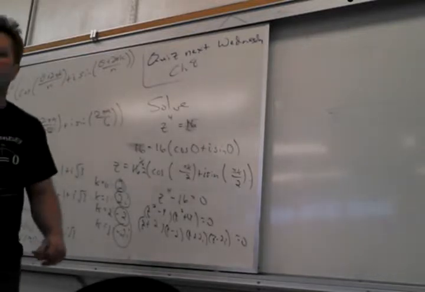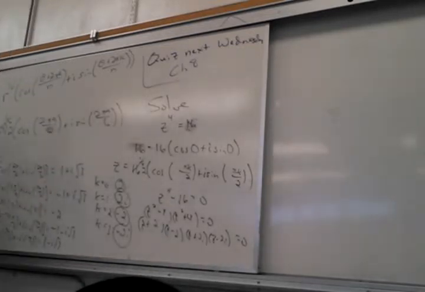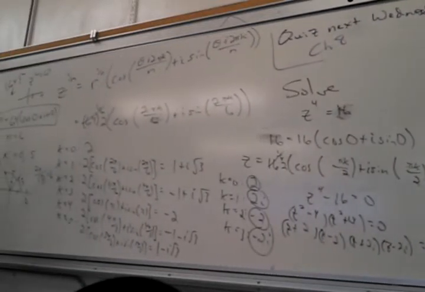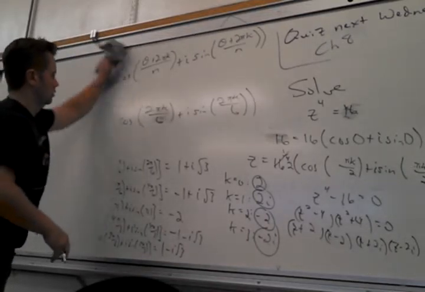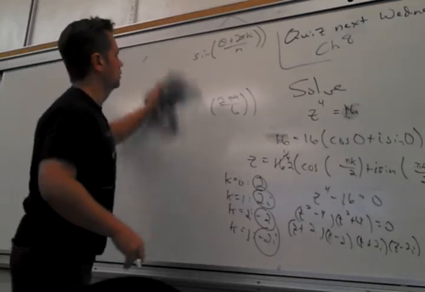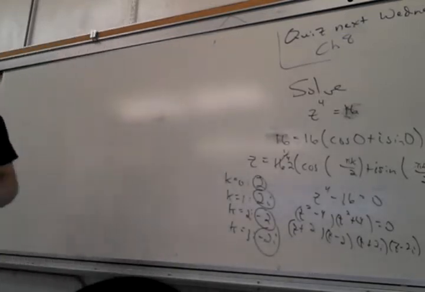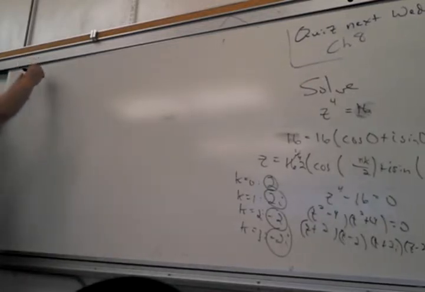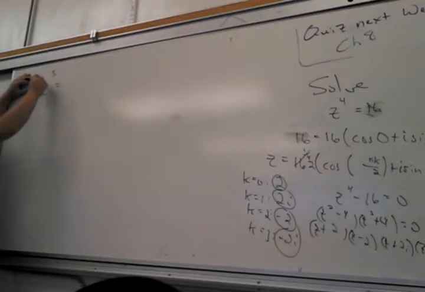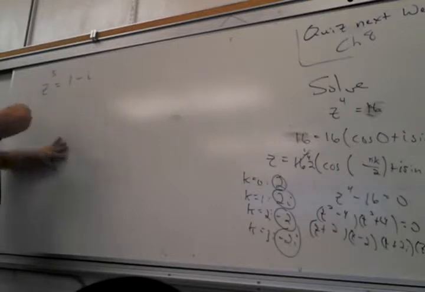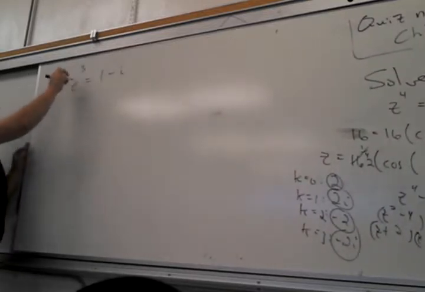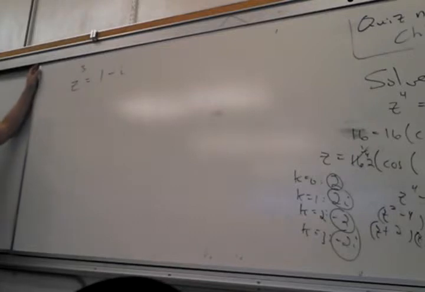Alright. So let's do one more where it's not an angle of 0. So now I want the cube root basically of 1 minus i.